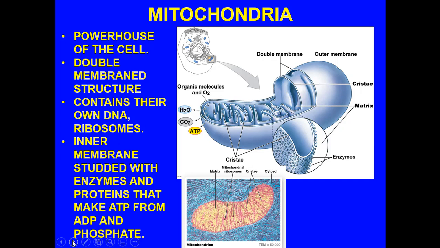At that, let's move into another interesting organelle, and it's called the mitochondria, which I've mentioned before. The mitochondria has been referred to as the powerhouse of the cell. It is a double membrane structure, yet interestingly enough contains its own DNA, ribosomes, and it seems to code for just proteins inside here.